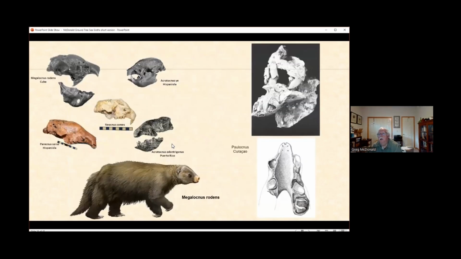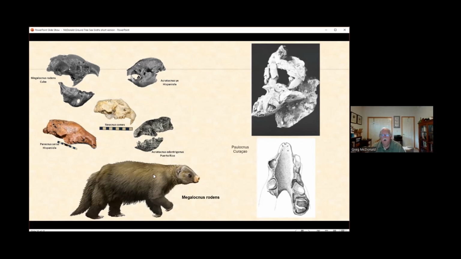And if we look at the variety of sloths that you find, we recognize 4 genera: Megalocnus, Acratocnus, Parocnus, and Neocnus, and multiple species. And of course, we often think of sloths as being the megafauna on the continents in America. Obviously, if you get sloths the size of an armadillo and Megatheriidae that are elephant-sized, they definitely qualify as megafauna.